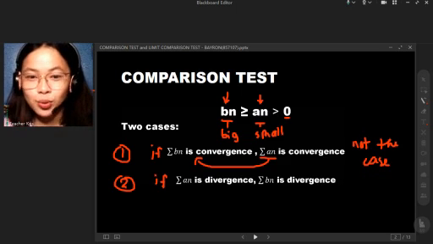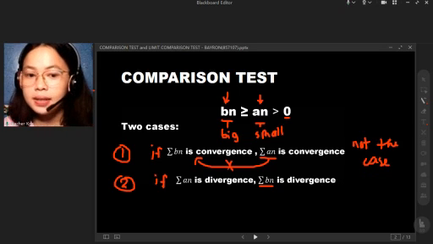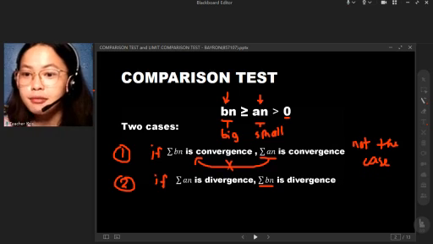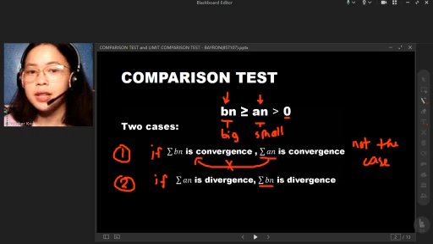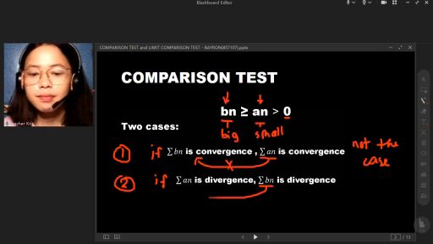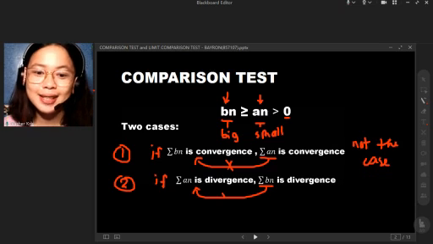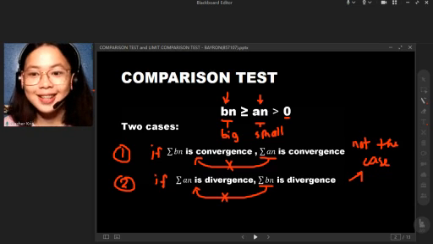And take note once again that we cannot say that if the series of the big sequence is divergent, then the series of the small sequence is divergent also. It is not the case also.